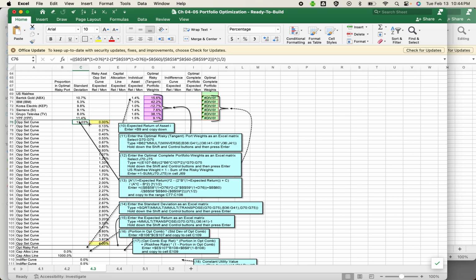Okay, now if I locked everything correctly, B58 plus B76 squared minus 2 B59 times 1 plus B6.